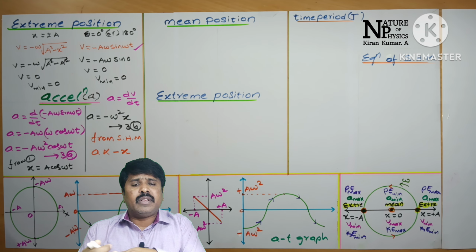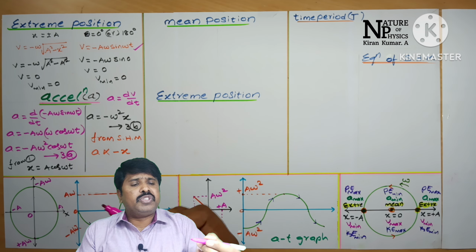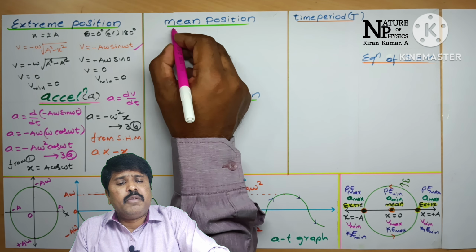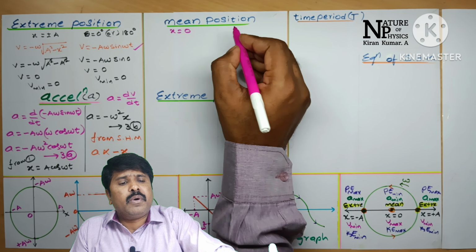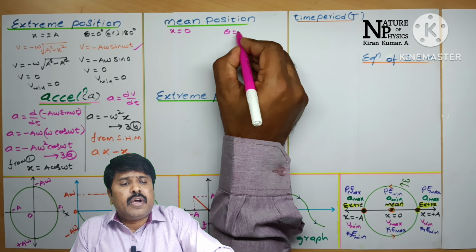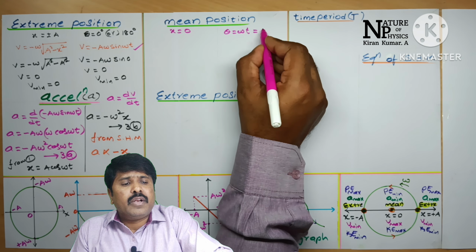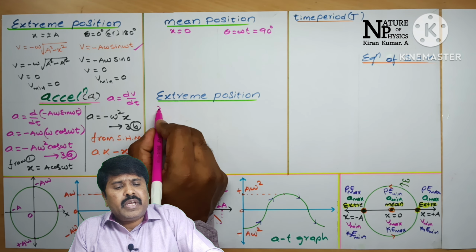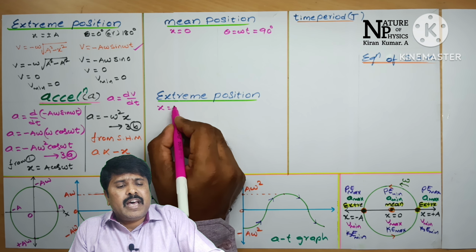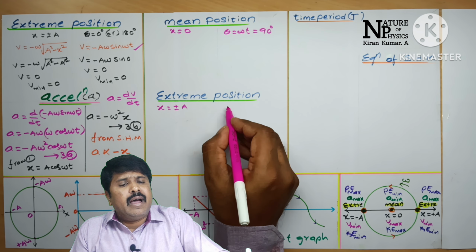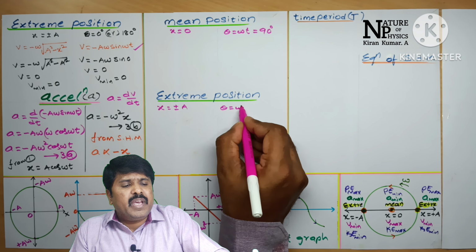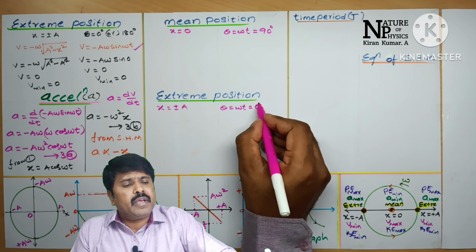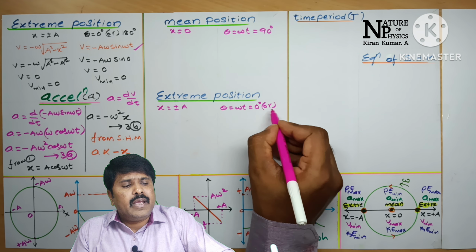So the mean position and extreme position values are: mean position x is equal to 0 and theta is equal to omega t which is equal to 90 degrees. Okay, and extreme position x is equal to plus or minus a, and theta is equal to omega t which is equal to 0 degrees or 180 degrees.